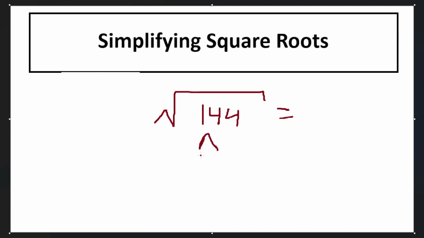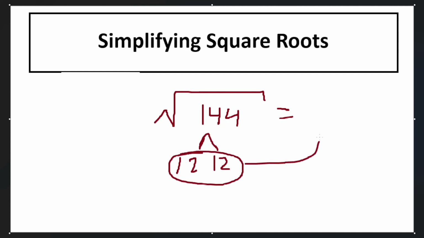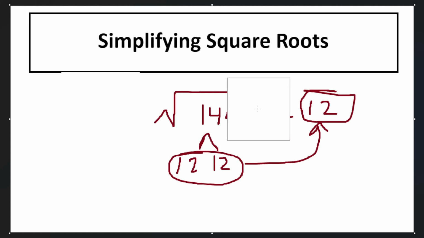So what same number times the same number will give you 144. If we go all the way up, we try 8 times 8, 9 times 9, 10 times 10. Eventually, you'll get to 12 times 12 gives you 144. And we know that the square root of 144 is just 12. So that one was easy.